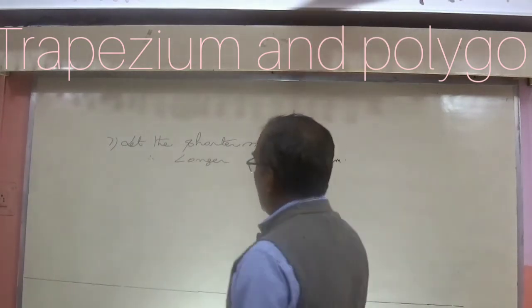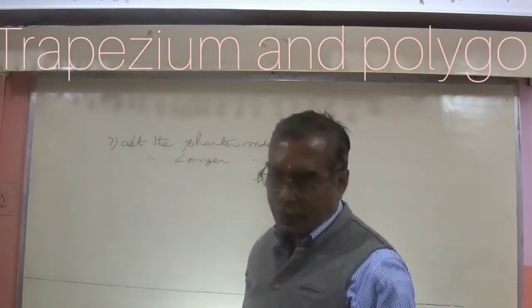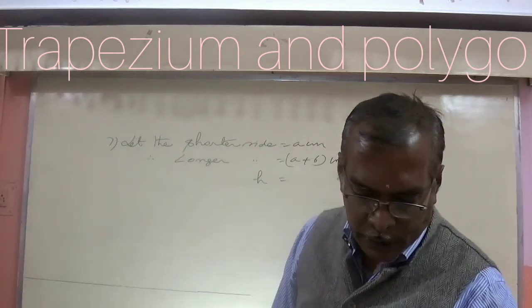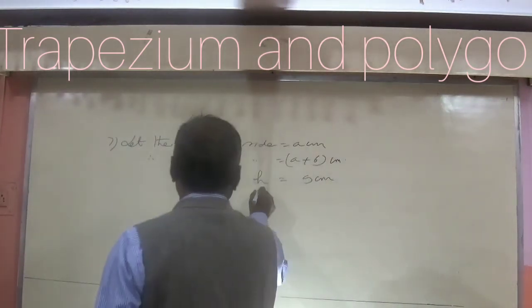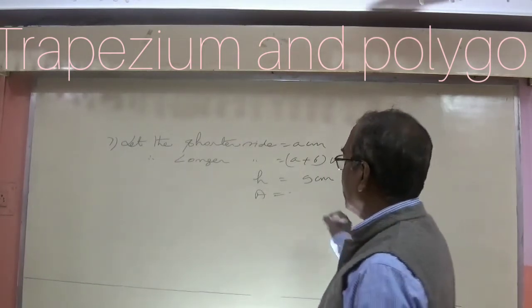And the height is given as 9 centimeter. As well as they have given the area. The area of this trapezium is given as 180 centimeter square.